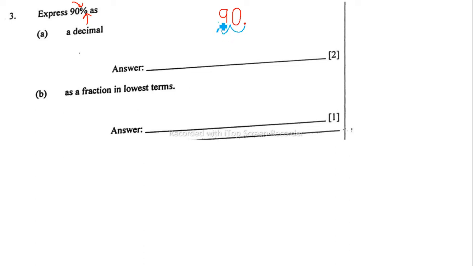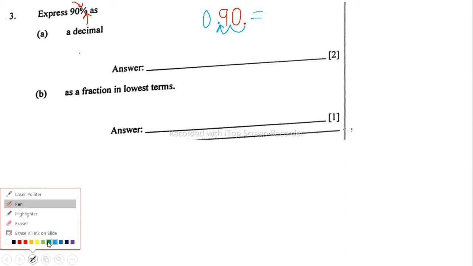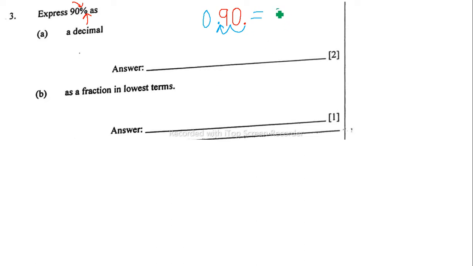The decimal point is going to be right here, and we put a 0 in front. So that equals 0.90, or 0.9. The answer here is 0.90.